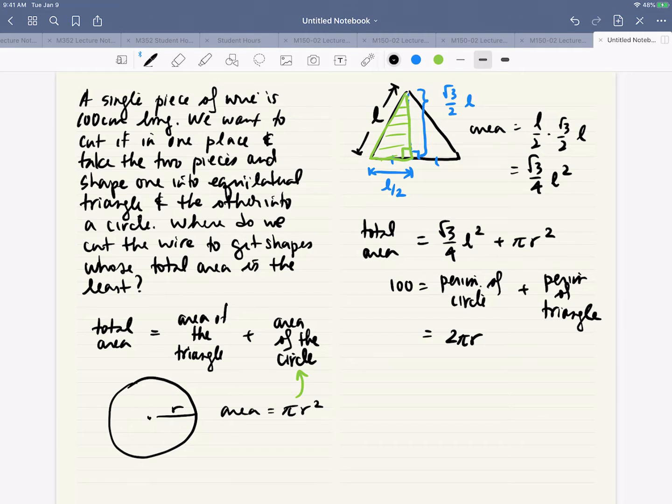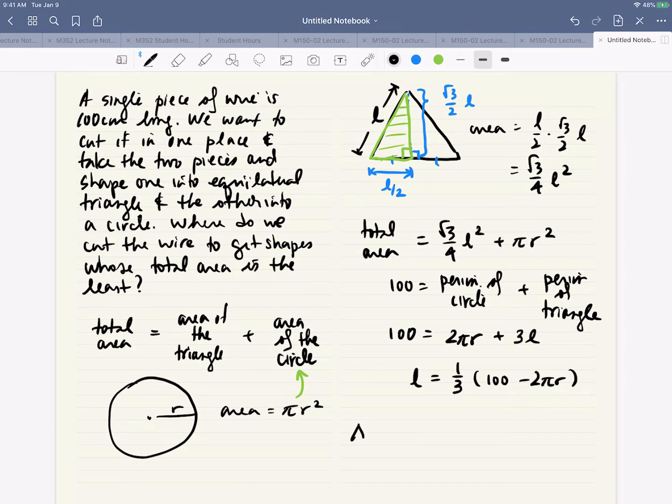And the perimeter of my equilateral triangle, since it's got side length L, its perimeter is 3L. So here's my equation that relates R and L. I'm going to solve this for one variable, writing it in terms of the other. And I'm going to choose to solve it for L. And you can check to see that this would give me L equals 1/3 of 100 minus 2 pi r.